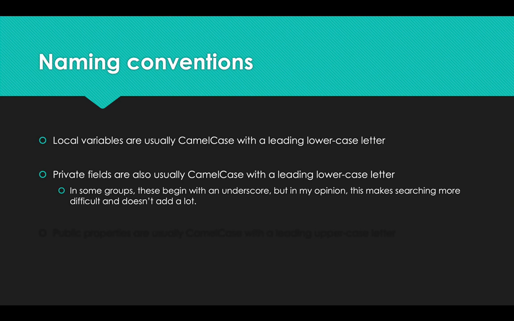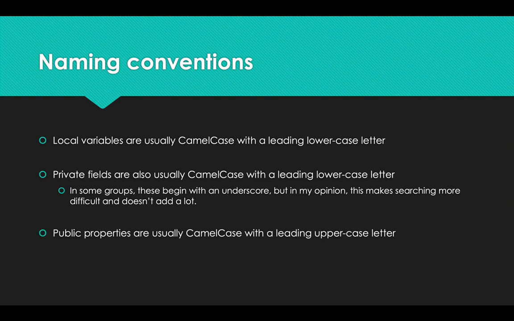But really, there's very little difference between a local variable in a method and a private field that is material in your investigation of a method. This doesn't add a whole lot, and in some cases it makes searching through the code a little bit more cumbersome. So in a lot of organizations, they name local variables and private fields effectively the same convention.